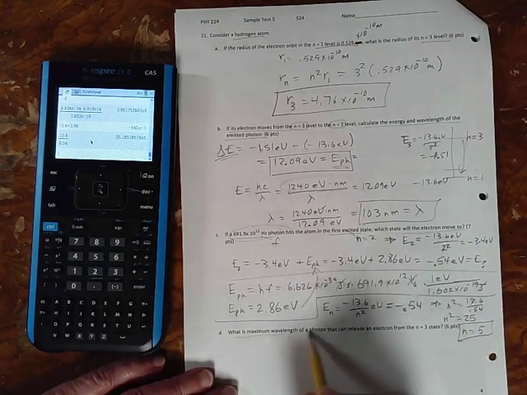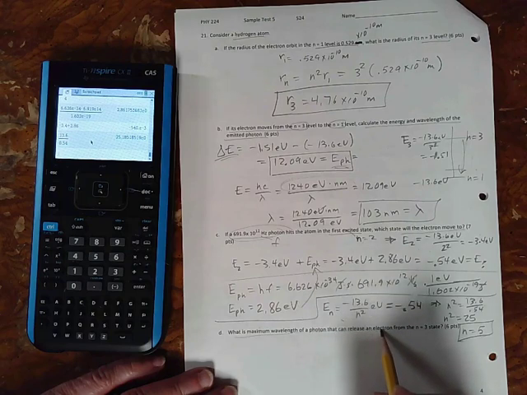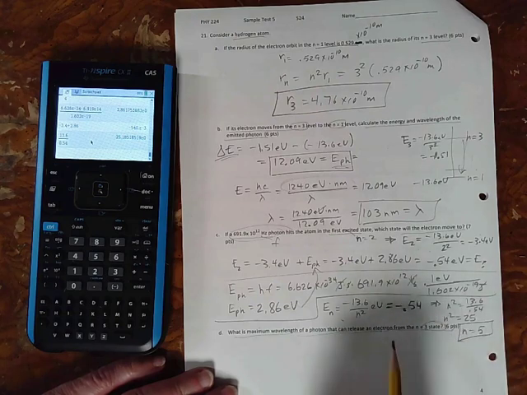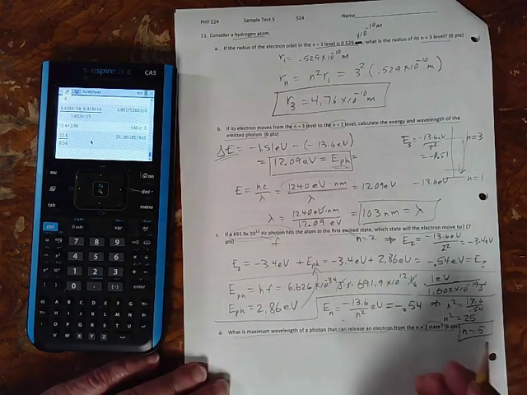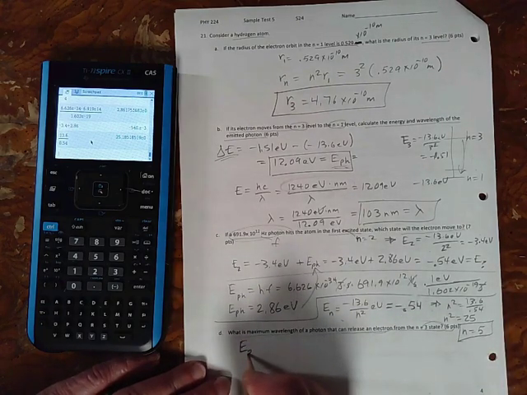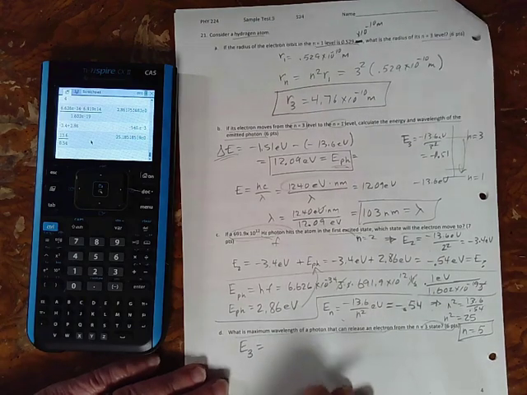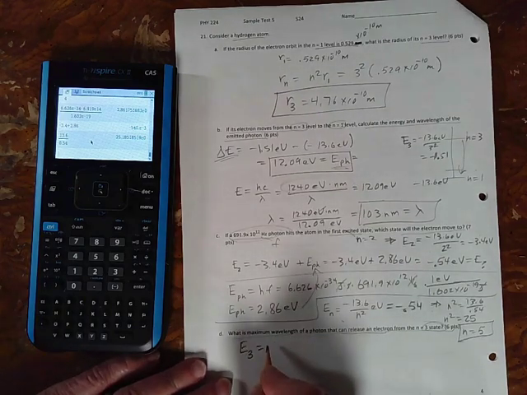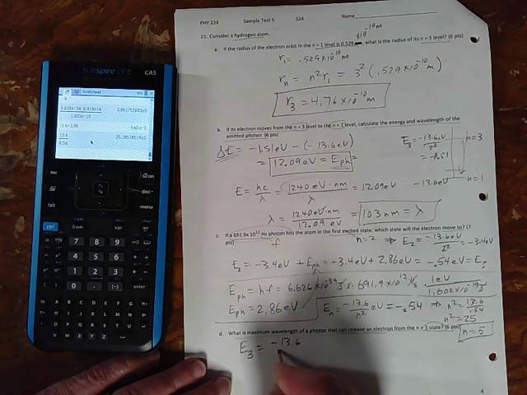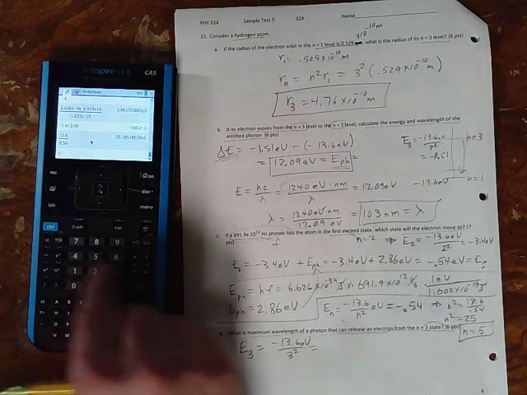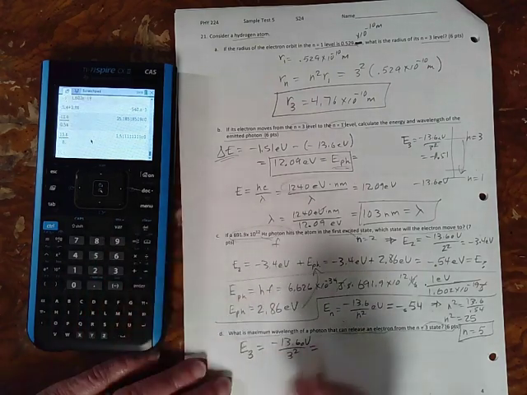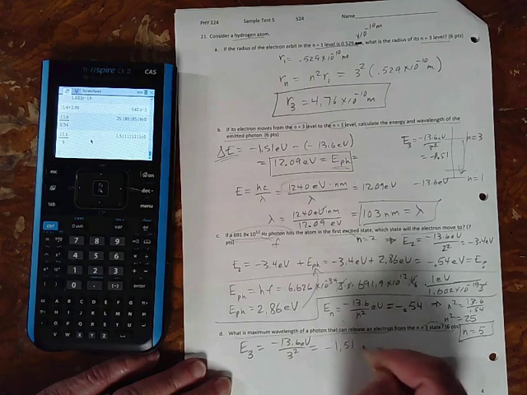What is the maximum wavelength of a photon that can release an electron from the n equals 3 state? Release it from the n equals 3 state, so that means get it all the way out. So let's find the energy at the n equals 3 state and then find the energy of a photon that matches that. So the 3 state is negative 13.6 over 3 squared eV, 13.6 divided by 9. That's negative 1.51 eV.